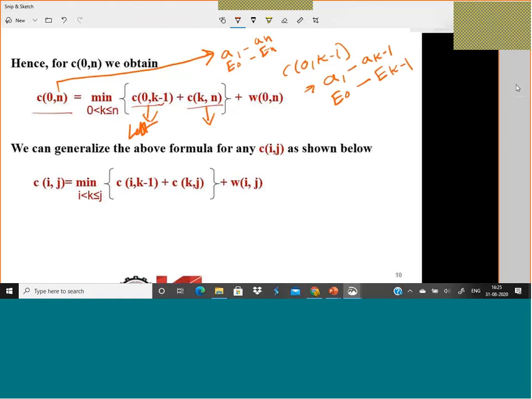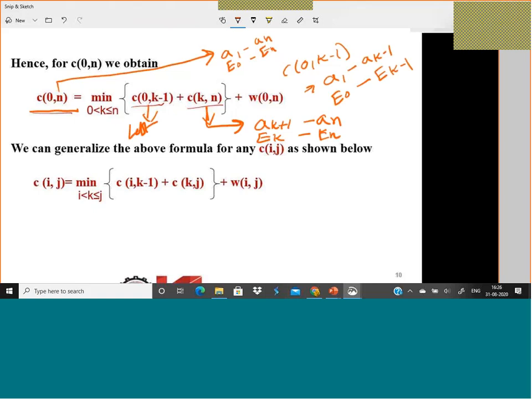So what is there in the right subtree is, if you take this particular one, then it contains A of K plus 1 to A of N and E of K to E of N. Okay, because always one extra node will be there in the virtual node, so that's why it will be like this. So this you need to understand. The same, this one basically tells the cost of the entire tree.